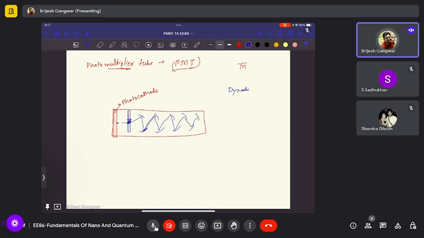When 2 come, it emits 4 from this anode. Then 4 to 8, 8 to 16, 16 to 32, like that. And there are some pins connected here which can measure the current.